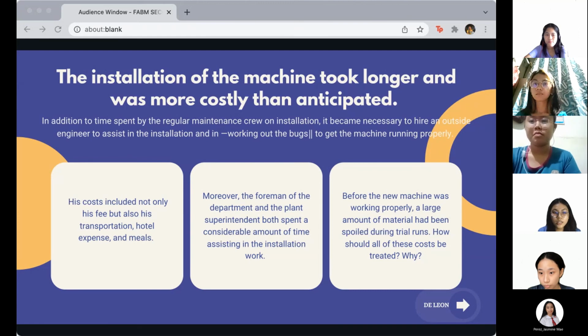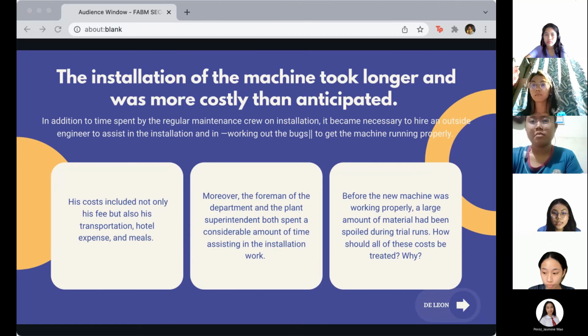All of these costs must be treated equally because the maintenance crew, foreman, plant superintendent, and all of the other employees who help Halave's company install the equipment are underpaid. They have their own company which is supervised by Halave. The engineer should be the only one compensated.